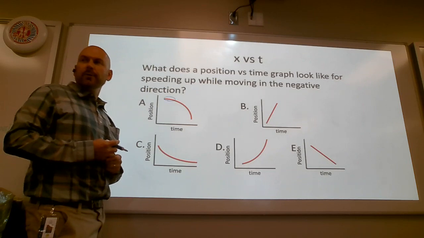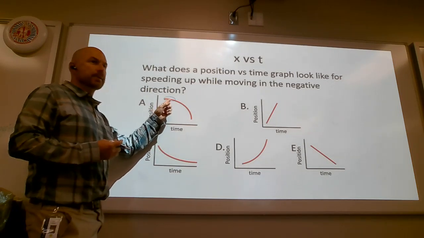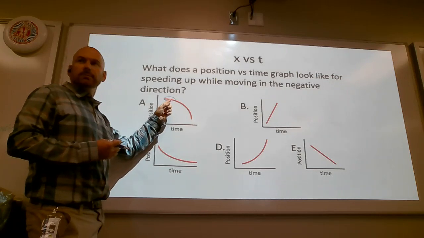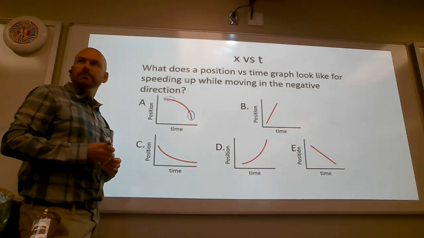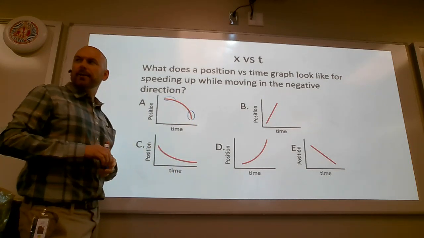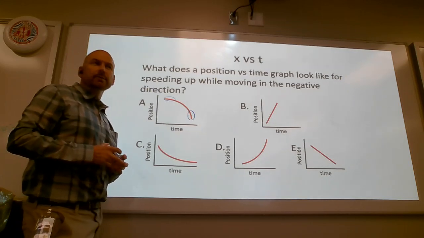Negative. So is it going fast or slow? Here, this is slow, negative. Positive or negative? Negative. Steep or shallow? Steep. Fast or slow? Fast.